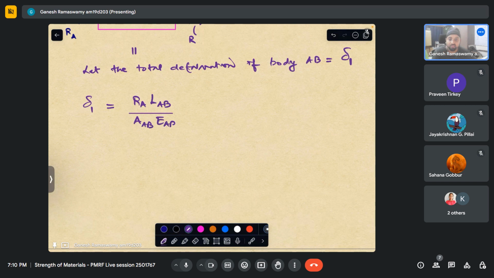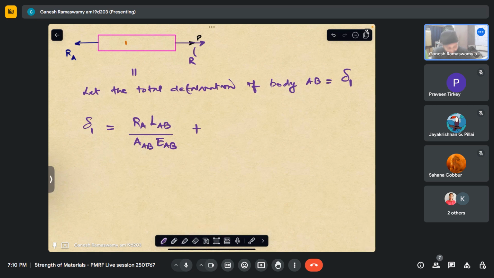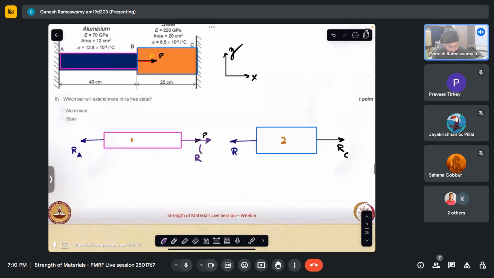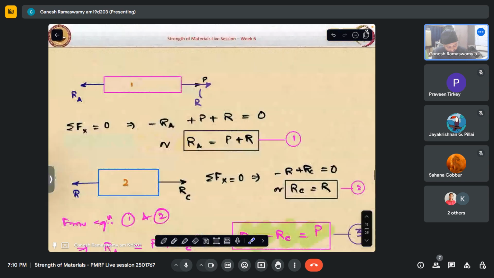This is nothing but PL by AE, our same relation, where it is subjected to an axial pull. Wherever this is subject to an axial pull, we know that the change in length is given by PL by AE. Now comes the thermal part. Now we have been told that its temperature increases from 15 to 48 degrees. So what will this come out to be?